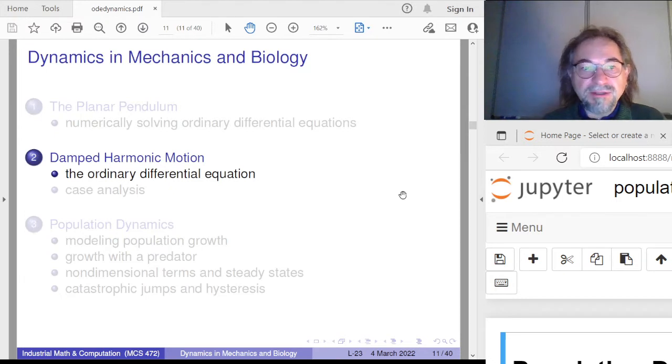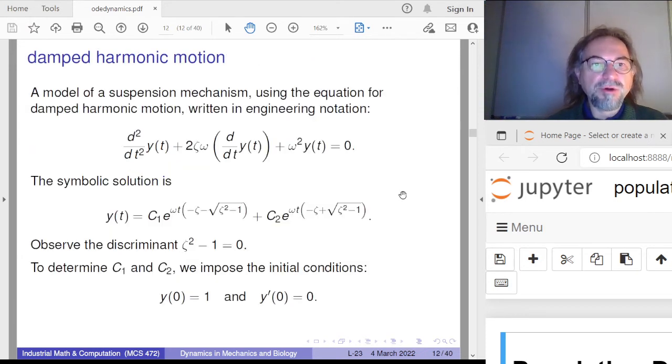Okay, so let's look at a model from mechanics. Let's look at an ordinary differential equation which models damped harmonic motion. That's the equation for damped harmonic motion, and this models a suspension mechanism. We write this with two parameters.